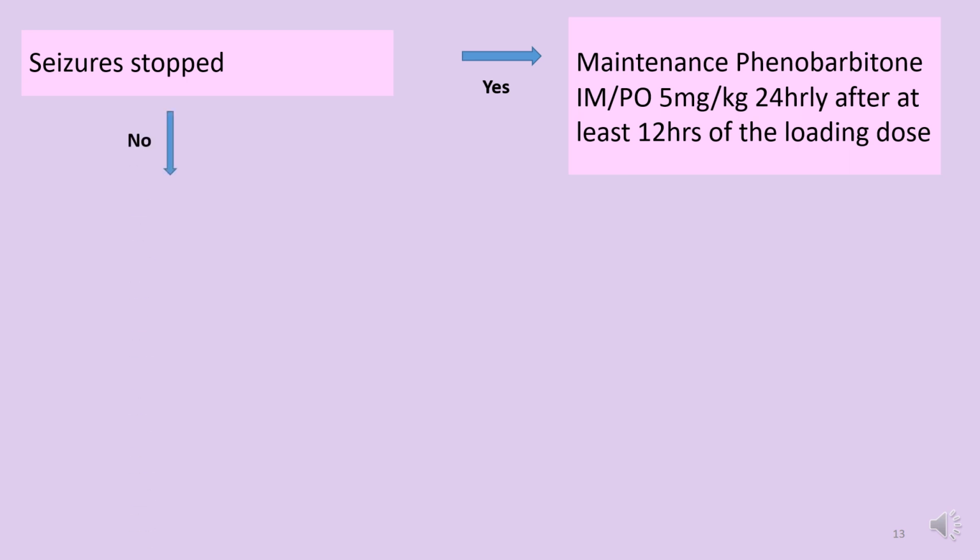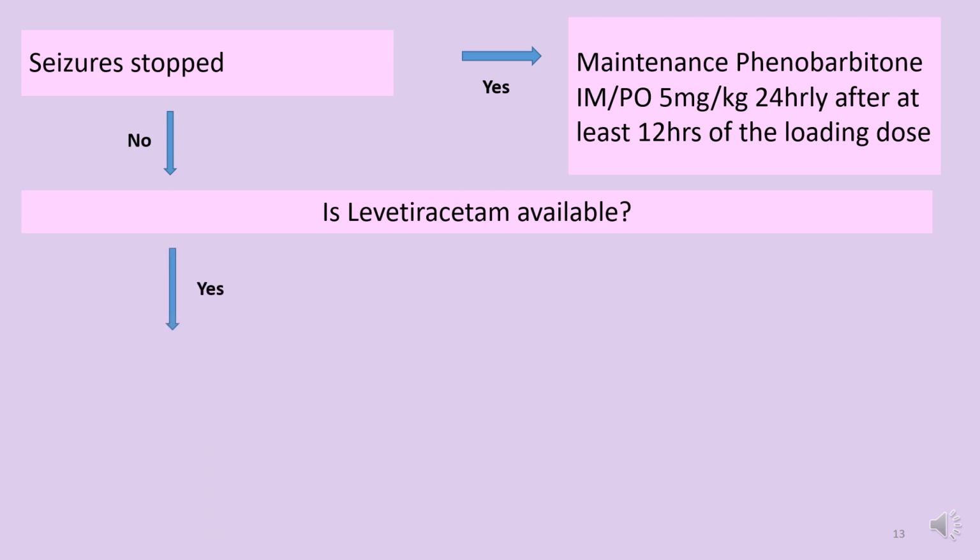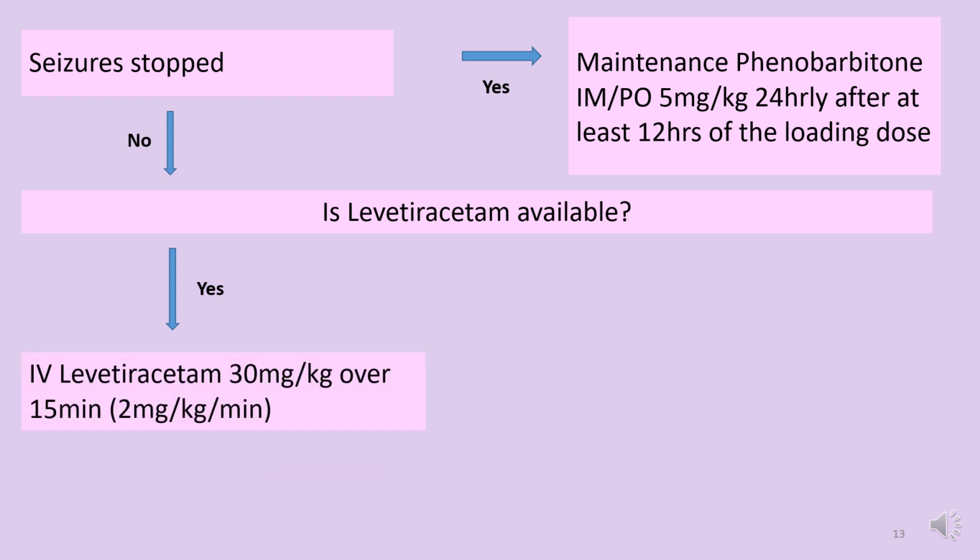In the event that you find the seizure has not stopped, you need to ask yourself or find out, do you have levetiracetam or not? If levetiracetam is available, that is what is preferred. And so the dose is 30 milligrams per kg given as an intravenous infusion over 15 minutes.